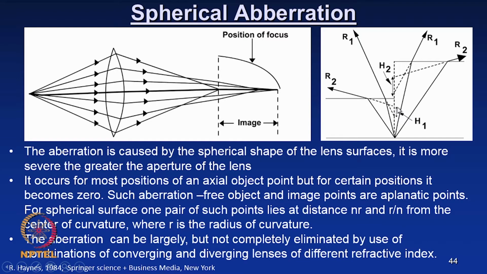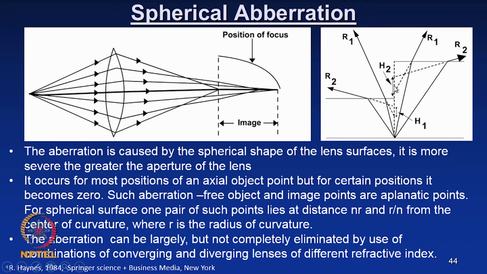On the other hand, if you allow the rays to pass through a cover slip of arbitrary thickness other than 0.17 mm, then you can see that the refracted rays go like this, R1 and R2, and if you trace their optical path, they differ in the range of h2, which is much higher than h1.